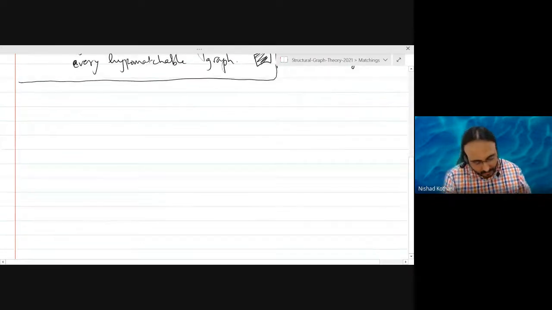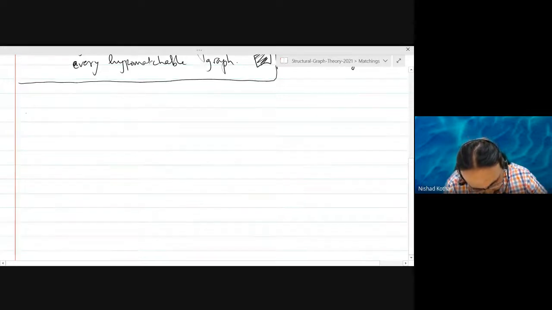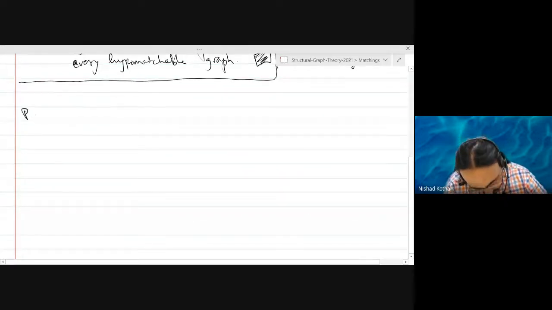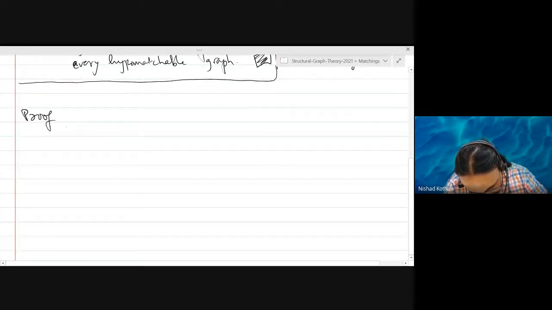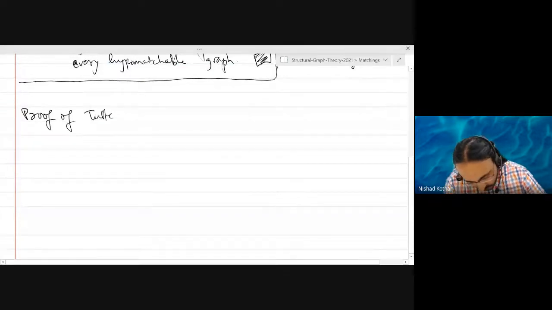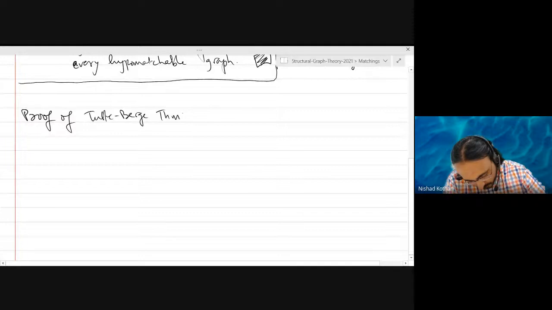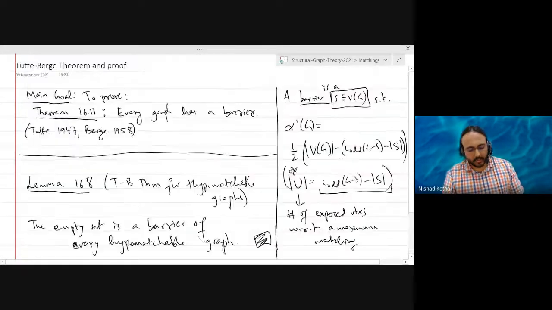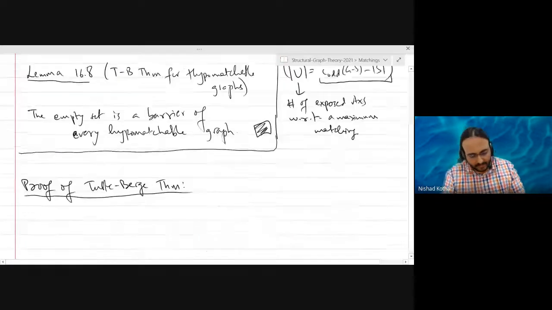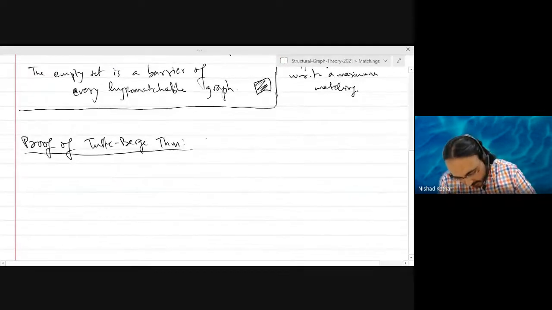Okay, so let's try to prove. Right, so what do you want to show? You want to show that every single graph has a barrier. So let's say G is any graph.